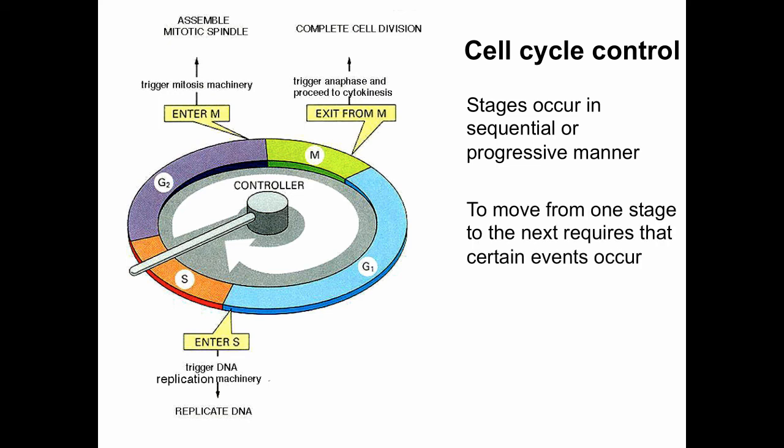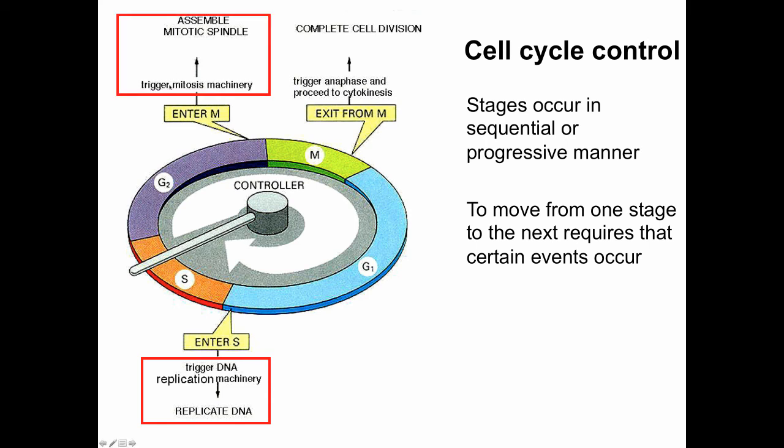And to move from one stage to the next requires that certain events must occur, just like in the washing machine. So with respect to the cell cycle, you enter the cell cycle, you trigger DNA replication machinery. Only when that machinery has been triggered can DNA be replicated.